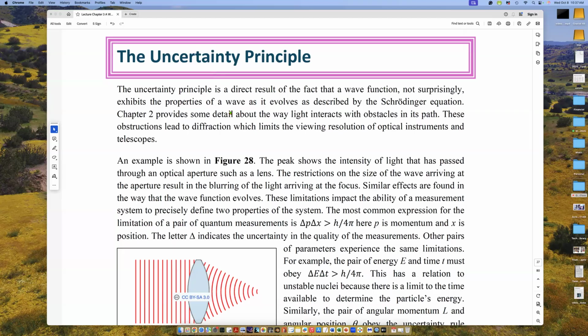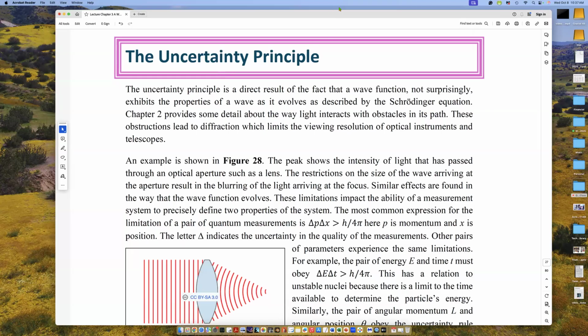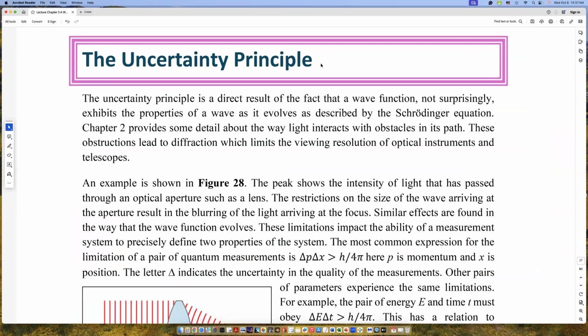All right, so let's do our thing here. The uncertainty principle, which comes from Heisenberg. And here's the essential thing. As soon as you have any system that is described by a wave, immediately you can conclude that your ability to fully understand that system has limitations.